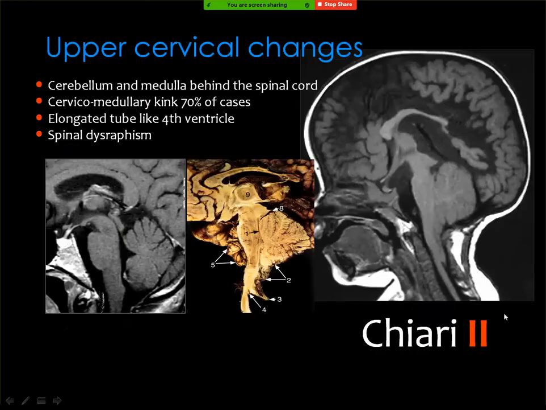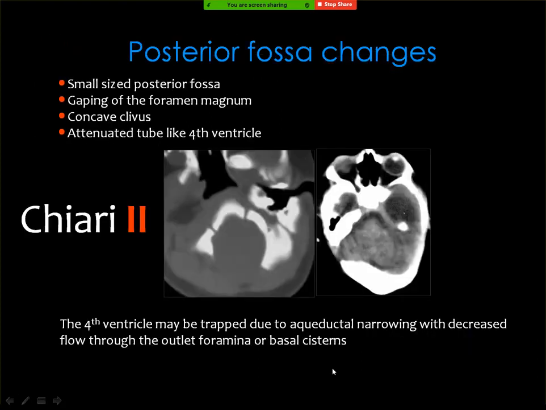Then if you look here, part of the cerebellum is herniating into the upper part of the cervical spinal canal. And this will result in a stretching and almost obliteration of the fourth ventricle. This is the normal appearance of the fourth ventricle, and this is a stretched, almost obliterated fourth ventricle, which will result in supratentorial hydrocephalic changes.